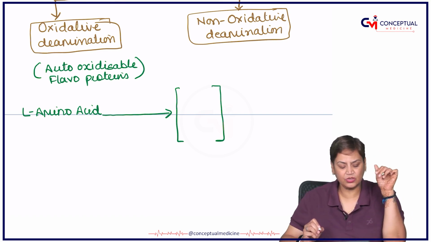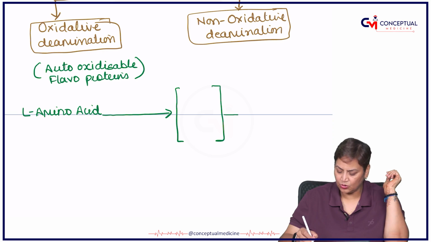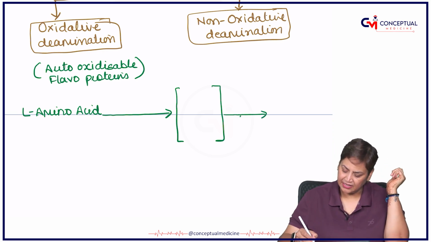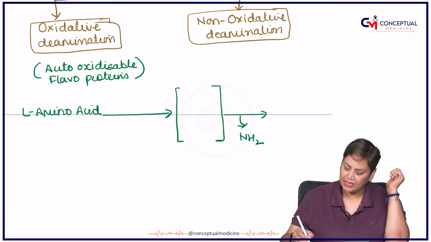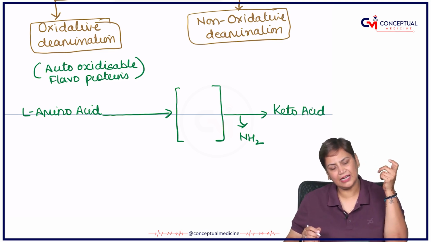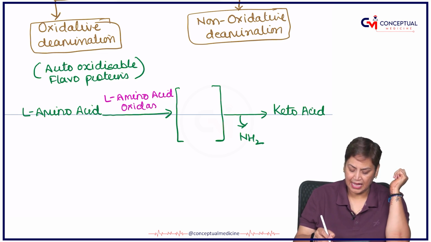Now why have I written square brackets? Because the intermediate is generally unstable, and it will dissociate, finally release this amino group and be converted into the keto acid. Since it is oxidative deamination, the enzyme here will be L-amino acid oxidase. And I have mentioned auto-oxidizable.